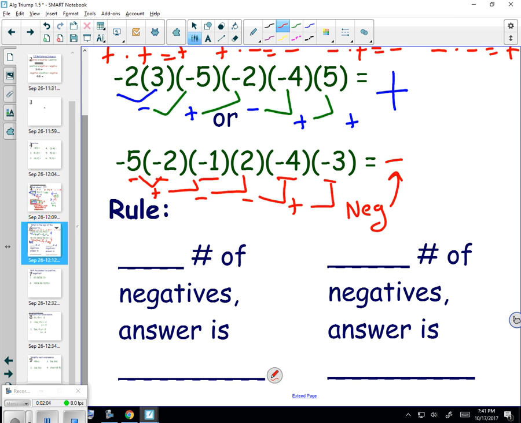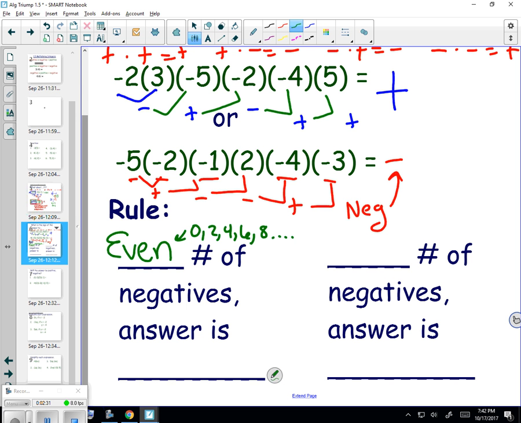If I have an even number of negatives, what are evens? Evens are 0, 2, 4, 6, 8, anything that ends in one of those numbers. 22 is even, it ends in 2. 30 is even, it ends in 0.